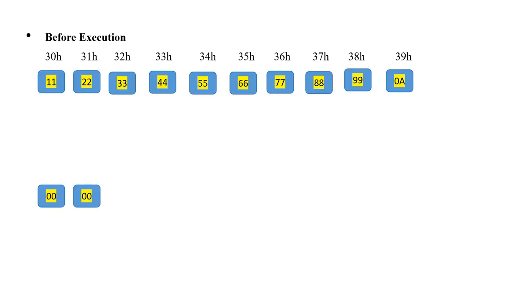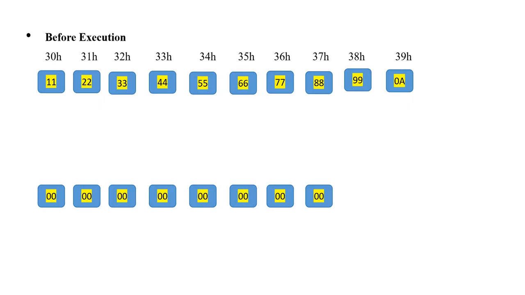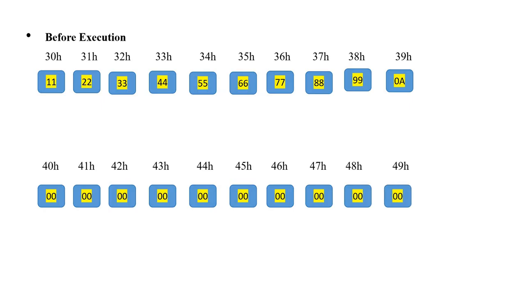Now, before the execution, the external memory locations, that is the addresses starting from 40H to 49H, all have data 0. So 40H has 0, 41H has 0, 42H has 0 and so on up to 49H, which also has 0.